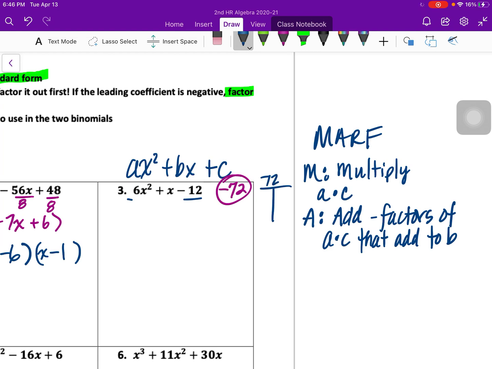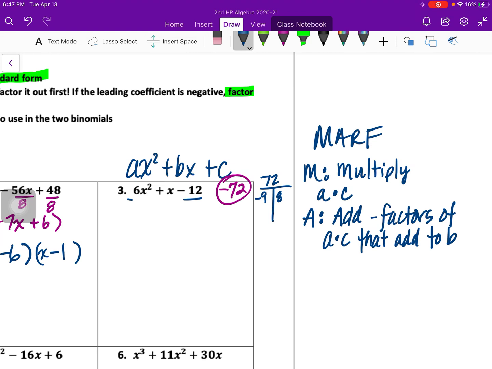And you can use your signs just like we talked about. Our last sign is negative, so this means my signs are going to be opposite. You read the signs the same way you did yesterday. The middle term is positive, so that means I'm going to need factors of 72 that when I add them together, the larger one is going to be positive. So again, you can use a factor tree or a T-chart or test and check. What we're looking for here is negative 9 and 8.